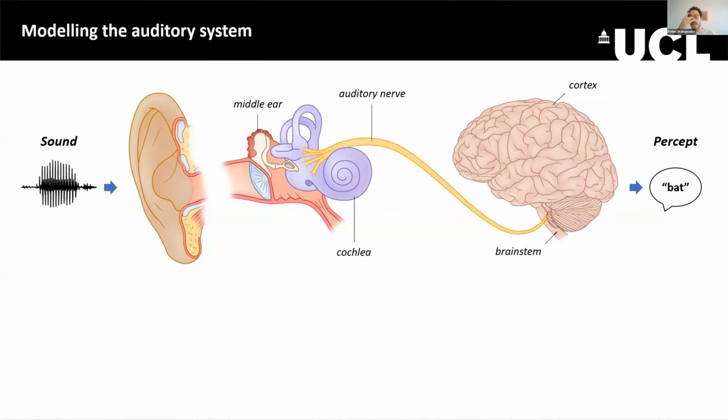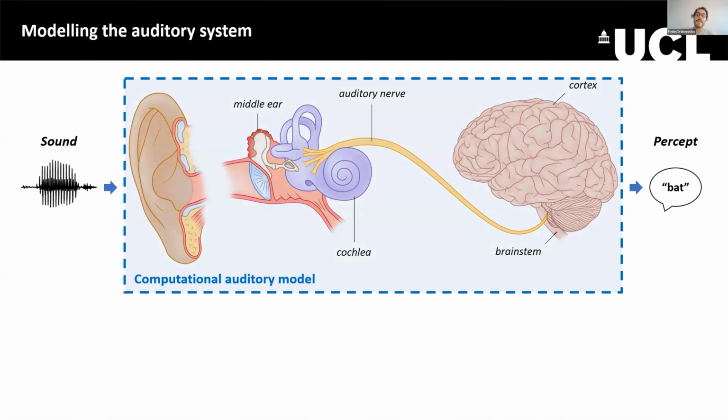And already Malcolm explained that researchers have tried to approximate all these complex sound transformations that take place and constitute hearing. And there have been many models of the auditory system that have helped us significantly to understand how we humans perceive and process sound.